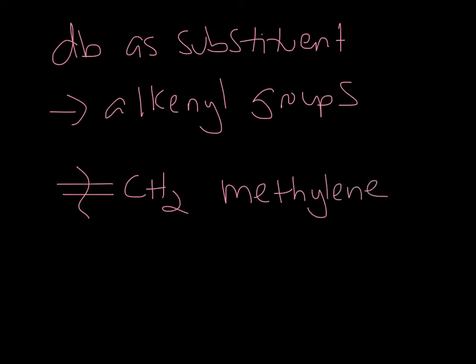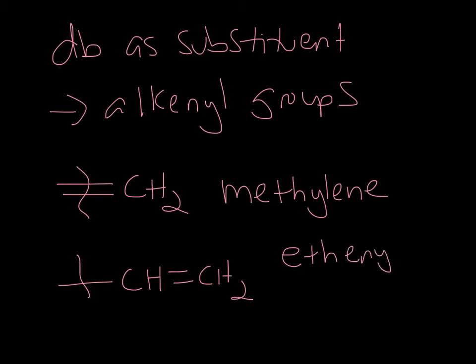If I have 2 carbons coming off, so I have an ethene group, essentially, this is called either an ethenyl group, or the common name that is still used quite a bit is a vinyl group. So you'll see something referred to as a vinyl group as well.